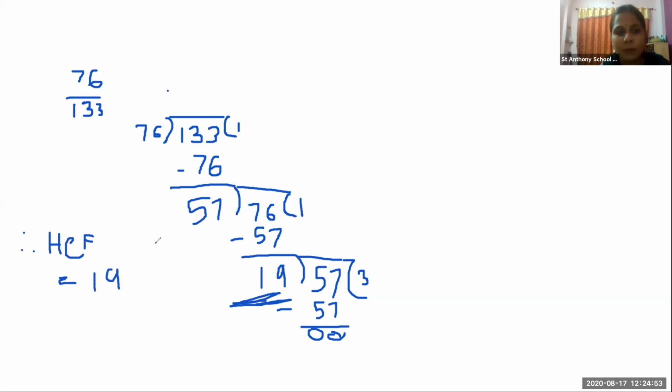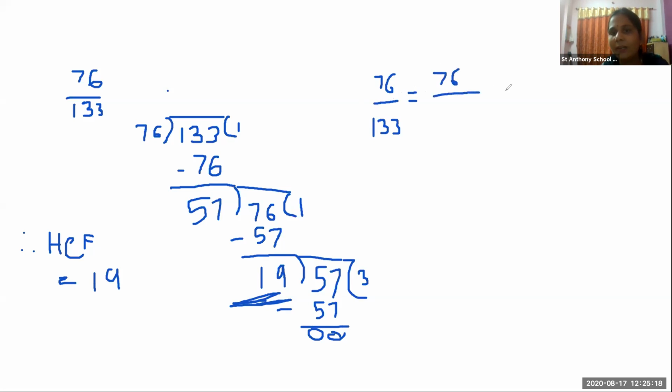Now I have to convert that number into its lowest form, right? Now 76 divided by 133 is equal to what? I will convert that 76 and 133 into its lowest form.